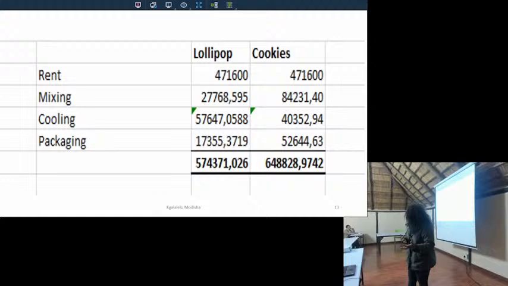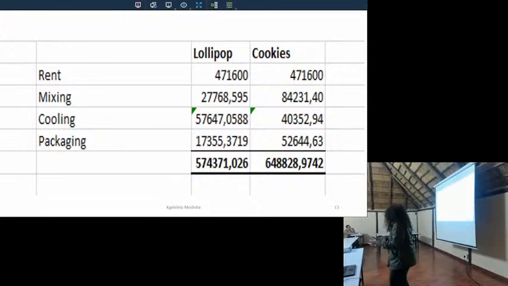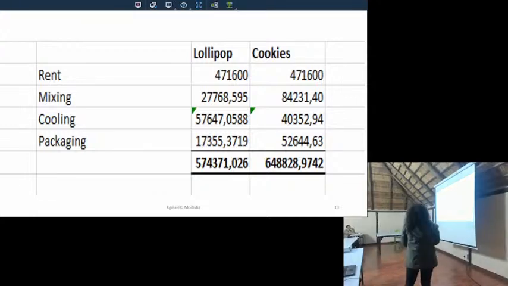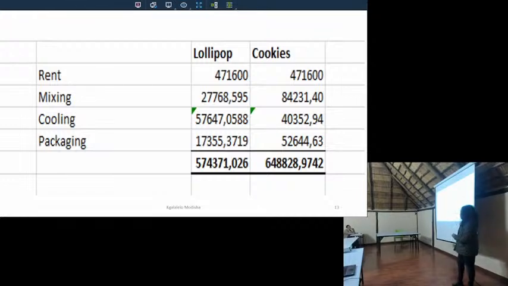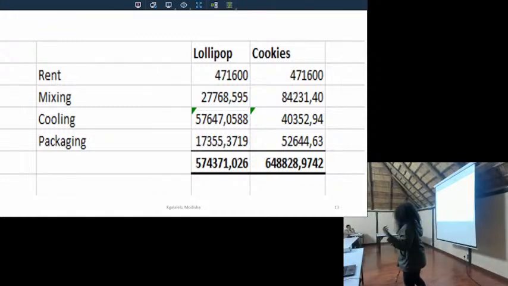How much did the cooling use based on the cooling time? And how much did the packaging they used? So from this, do you agree that Cookie uses more of the indirect costs than Lollipop? Do you see that? Okay. Now we're able to start making sense of it, right?